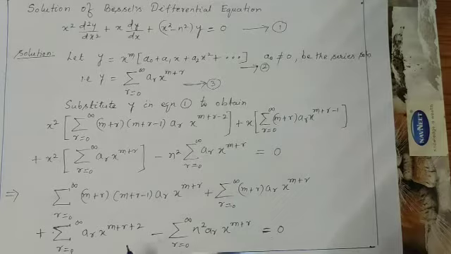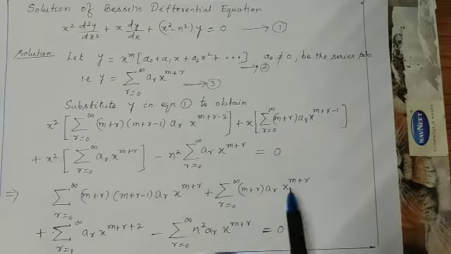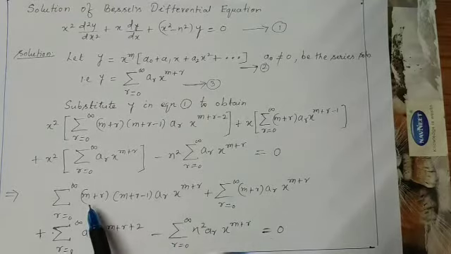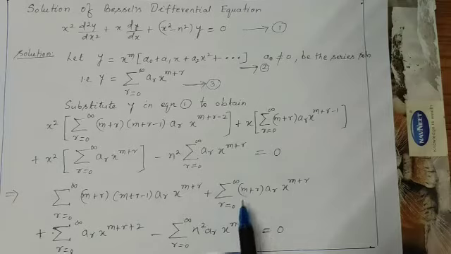Now only in this term we have x power m plus r plus 2. In the other three terms we have a r x power m plus r common. So if you take a r x power m plus r common outside, inside we are remaining with (m plus r) into (m plus r minus 1) plus (m plus r) minus n square. The other term is summation r equal to 0 to infinity a r x power m plus r plus 2.